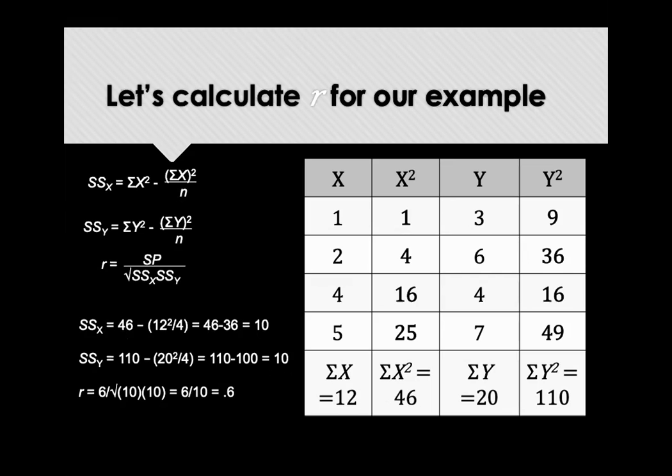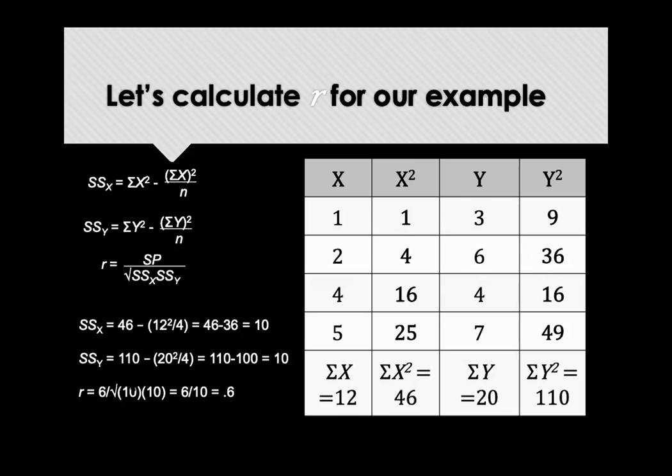And then for r, using this formula here, you take the sum of products, which we calculated using both the computational and the definitional formula, and we calculated the sum of products to be 6. So that's where this 6 is coming from right here. 6 divided by the square root.